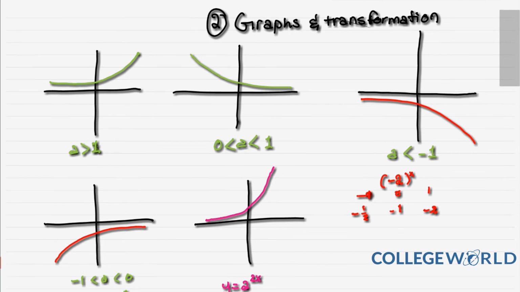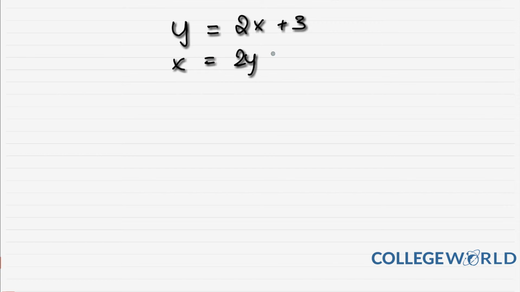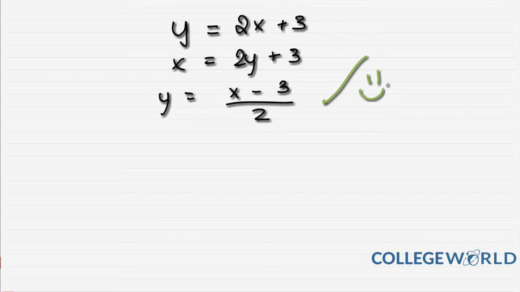Now, if we move on from this part, because it's very simple, we go back to the inverse functions. As you remember, when we wanted to find the inverse of 2x plus 3, we just switched the variables and made y the subject of the formula, and that was it. It was very easy and simple. However, when you're dealing with functions like y equals a to the power x, this is very difficult.